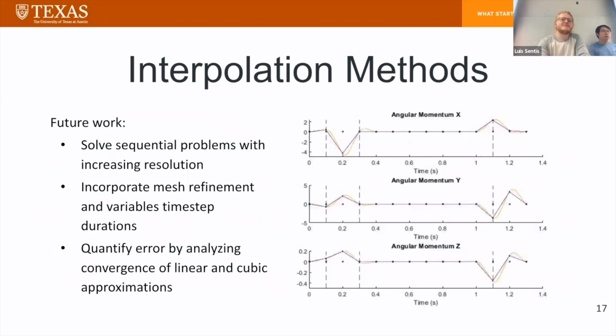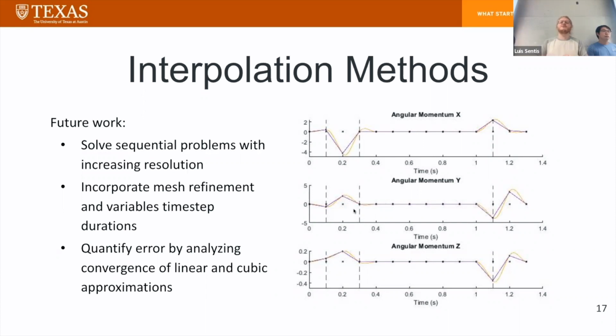You can particularly see in the angular momentum, because the knot points are sparse. For example, in the takeoff and landing phases, you only get about 3 time steps because they're really quick. That approximation degrades a little bit. And so this is a couple of future work questions.